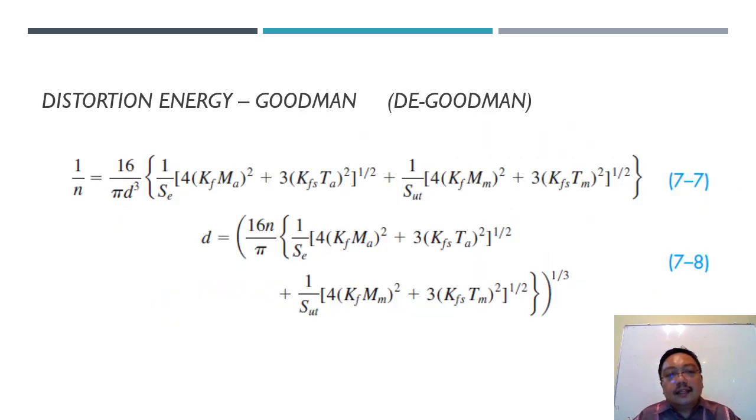This is another distortion energy theory, called distortion energy Goodman, DE Goodman. You can see equations 7.7 and 7.8.